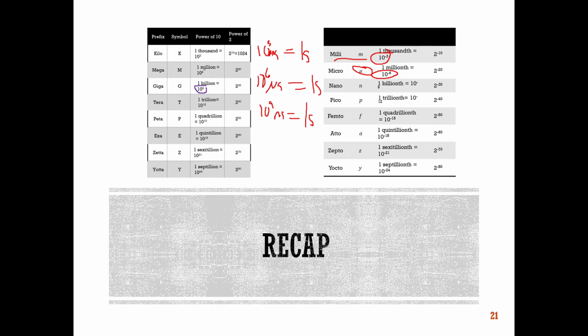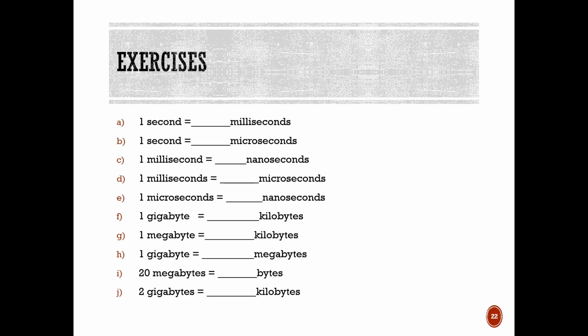For mega, there's 10 to the 6 bytes in 1 mega. In kilo, there's 10 to the 3rd bytes in 1 kilobyte. So with that knowledge, let's convert into bytes first as a rudimentary type of conversion.